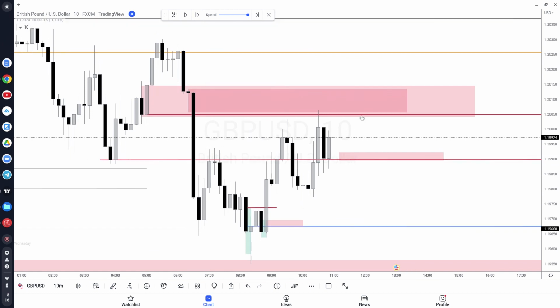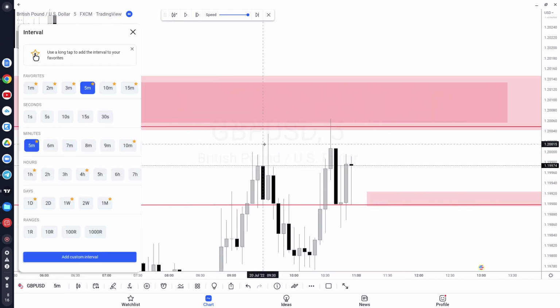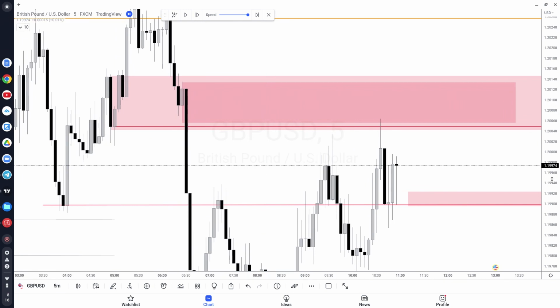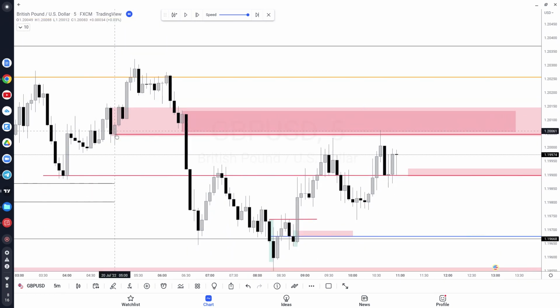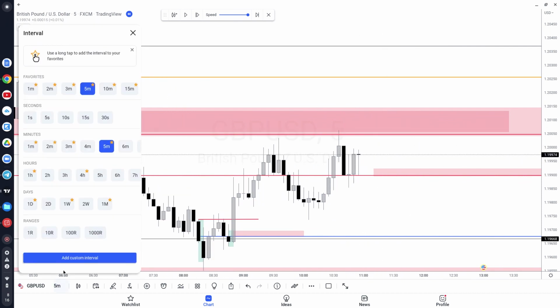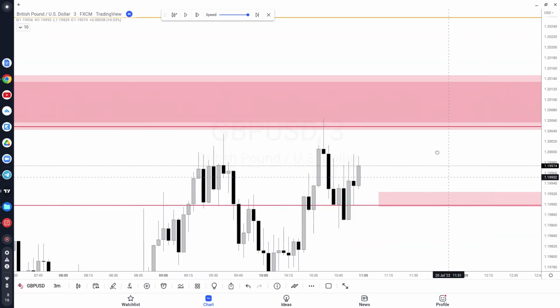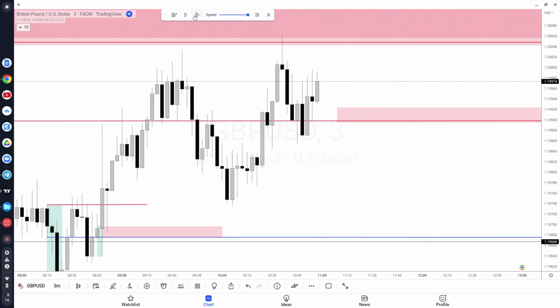All right, and then what you should see is on the 5-minute, here's your breaker, right? Here's an order block inside of the breaker. Buy side liquidity here. Price pushes up, right? Here's the intermediate term low, and then what we expect after the intermediate term low is formed, we expect a failure swing.